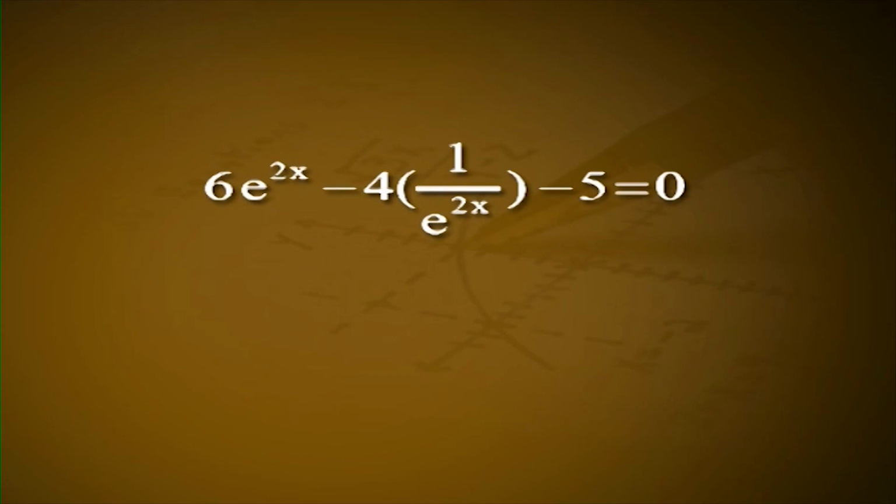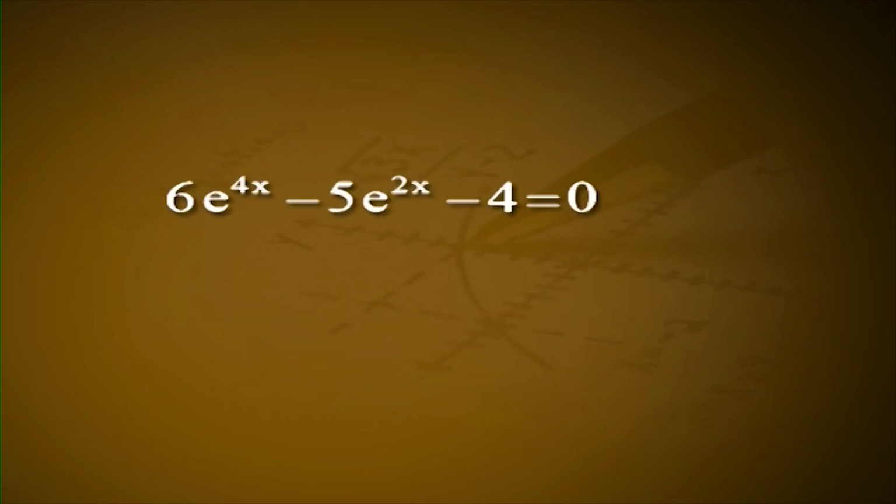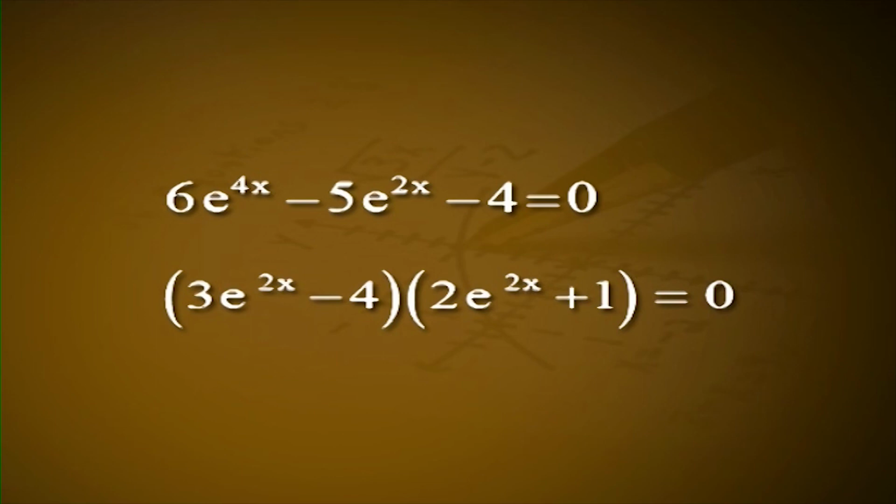That is, 6 times e raised to 2x minus 4 times 1 by e raised to 2x minus 5 is equal to 0. That is, (6 e raised to 4x minus 4 minus 5 e raised to 2x) all divided by e raised to 2x is equal to 0. That is, 6 times e raised to 4x minus 5 times e raised to 2x minus 4 is equal to 0. That is, (3 e raised to 2x minus 4) into (2 e raised to 2x plus 1) is equal to 0.